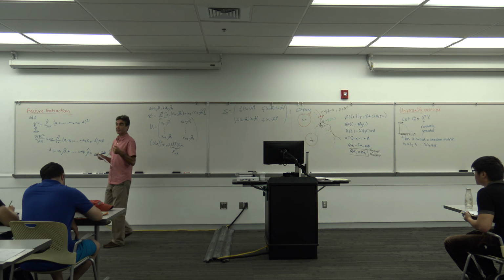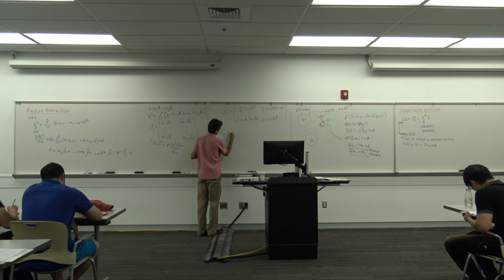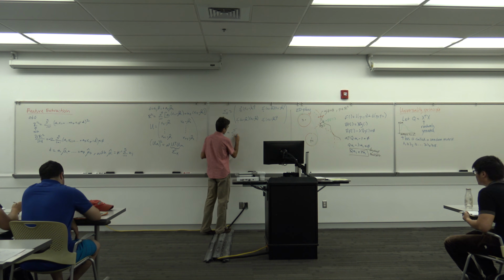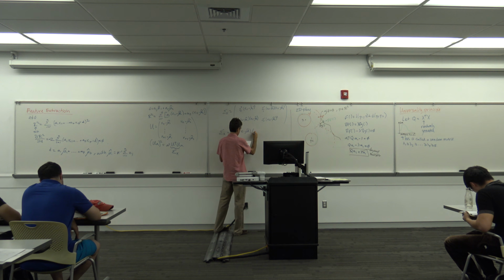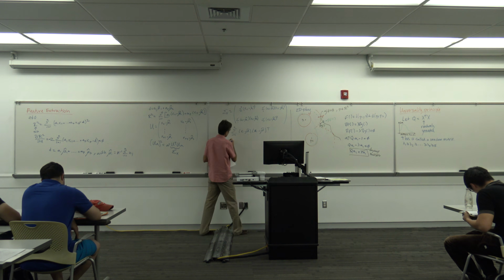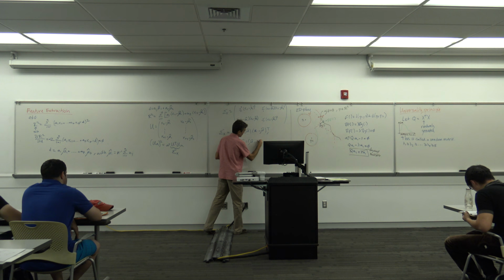Let's rewrite this in a more compact form. Sigma x is equal to the sum from 1 through n of xi minus mu hat times xi minus mu hat transpose, where mu hat is equal to mu hat 1, mu hat 2.